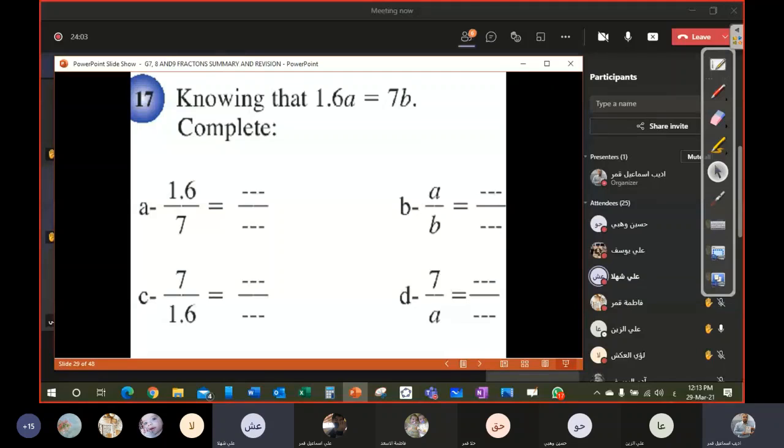No, you should use A and B. We have the equation 1.6a equals 7b. How do we get this equation if we put this fraction?